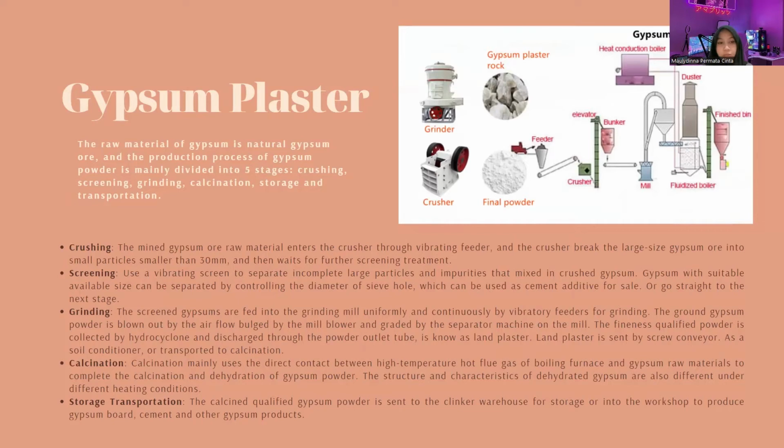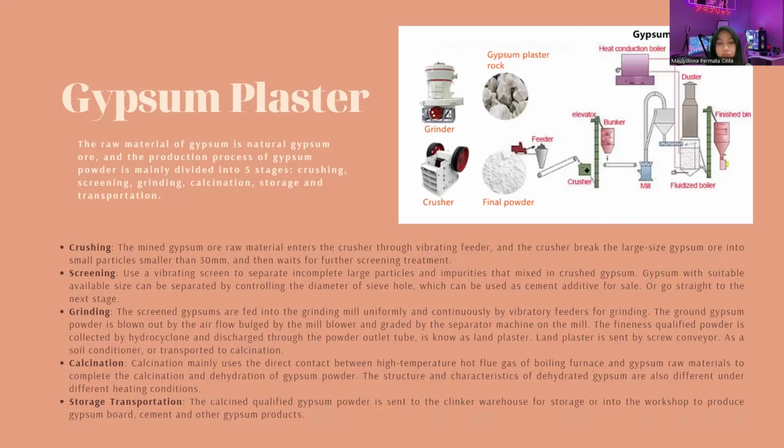Crushing. The mined gypsum or raw material enter the crusher. The feeder and the crusher break the large size gypsum into small particles smaller than 30 millimeter and then wait for further screening treatment. Screening.